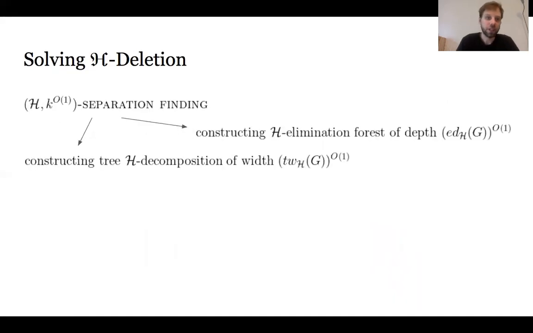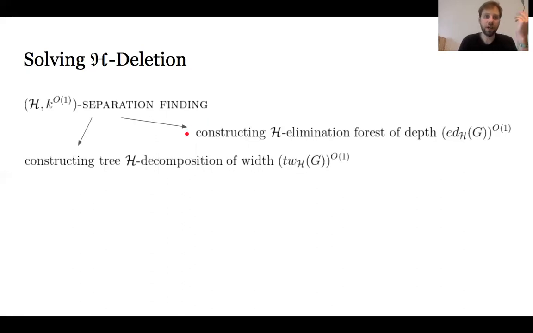To summarize, for each of the considered classes H, we present an FPT algorithm to solve separation finding with polynomial approximation guarantee, and we show that this implies approximate algorithms for computing 3H decomposition and H elimination forest.